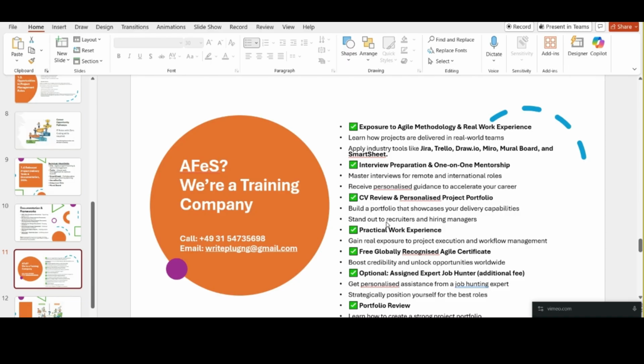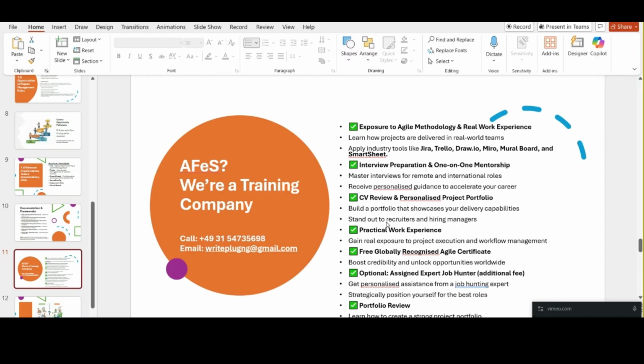Now, another critical thing that a lot of professionals, a lot of students struggle with is interview preparation and one-on-one mentorship. So there's a weekly program for interview preparation, bringing you up to speed on the different elements of the requirements from different walks of life.